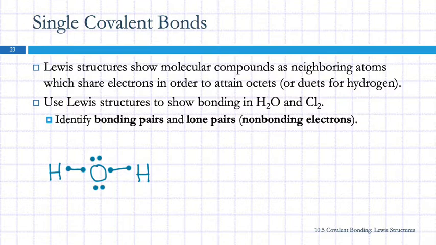When you're sharing something with someone else, those shared things belong to both of you, right? So when hydrogen goes to count its valence electrons, it's like, I've got 2. I've got these 2 electrons that are shared between me and oxygen. That's good. That's all hydrogen wants, is 2 electrons. And the oxygen here now has these 2 electrons and those 2.